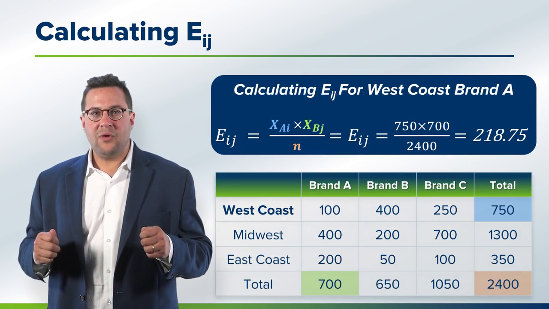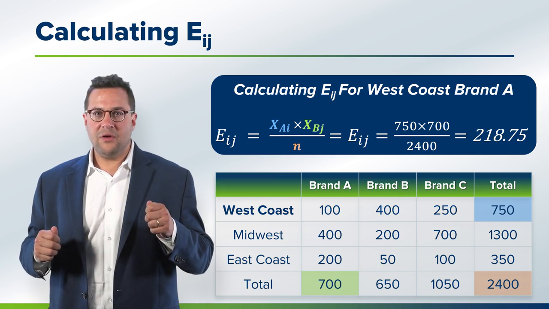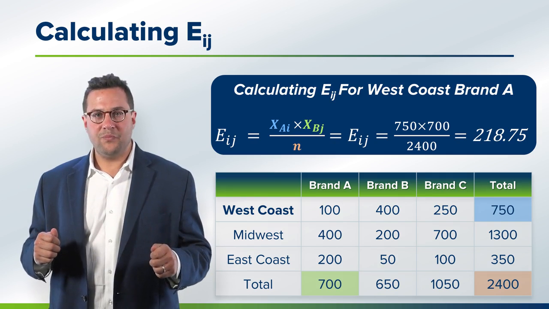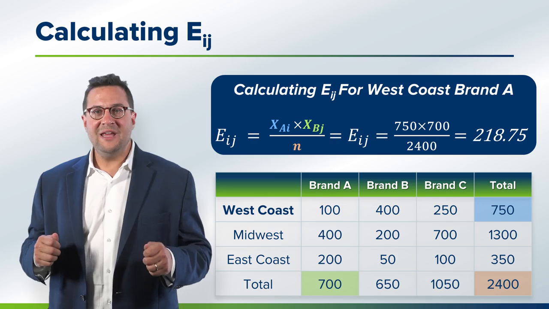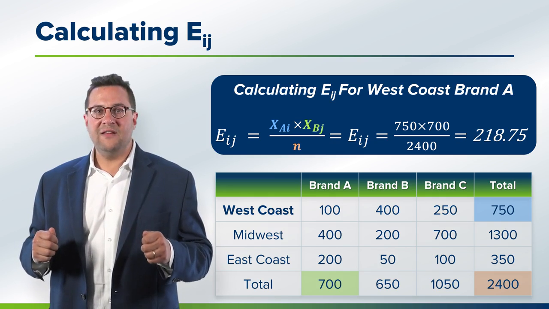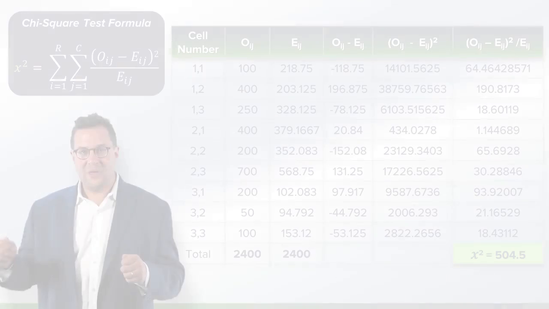So for example, E_ij for the West Coast and brand A should be equal to 750 times 700 divided by 240. Applying the formula for E_ij, you should obtain 218 for the cell 11. That is the cell for West Coast and brand A.